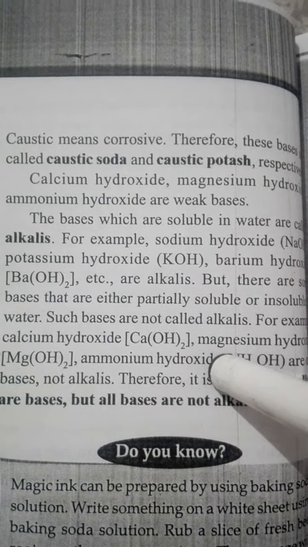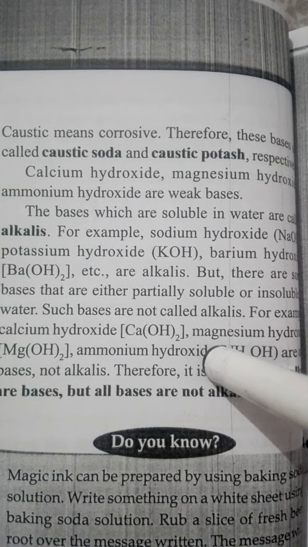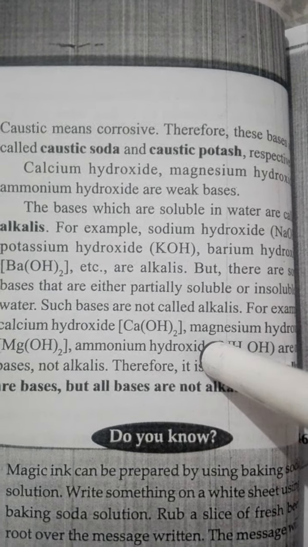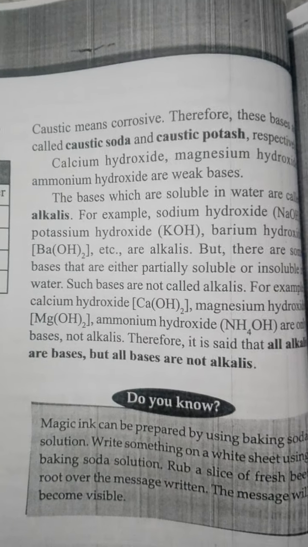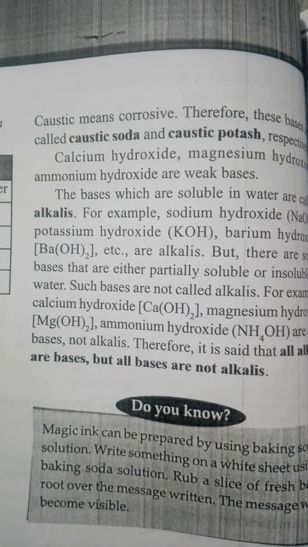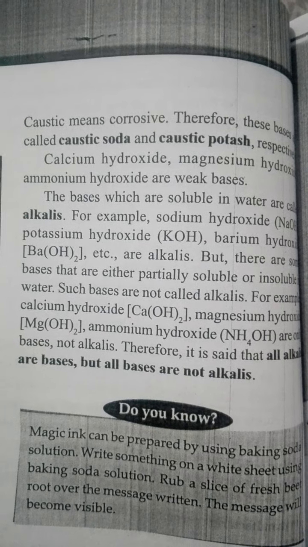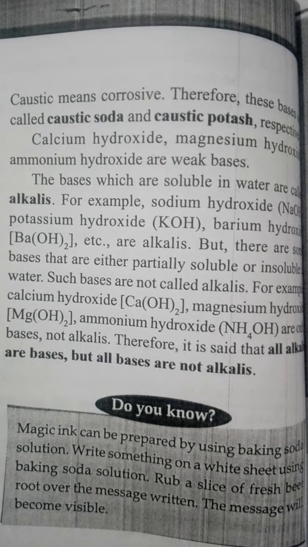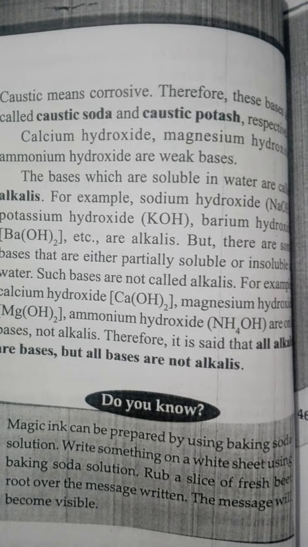The bases which are soluble in water are called alkalis. For example, sodium hydroxide, potassium hydroxide, barium hydroxide, etc. are alkalis. What are alkalis? Means they are soluble in water, they dissolve completely in water. But there are some bases that are either partially soluble or insoluble, means somewhat they dissolve in water but not completely, or are completely insoluble.